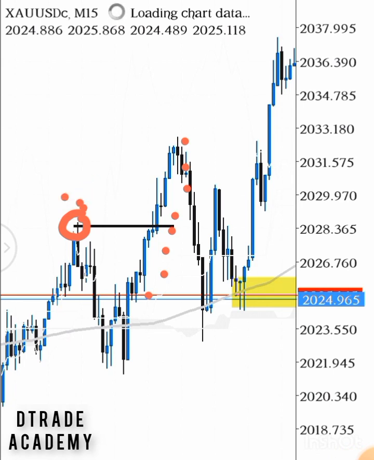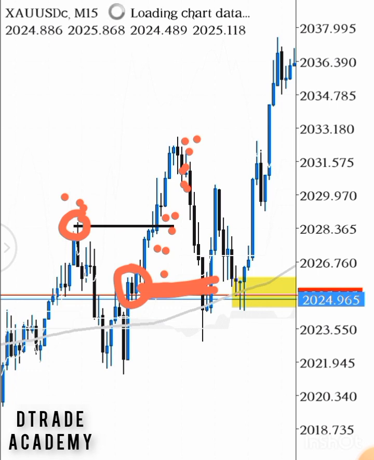Now, where is the initial start of that long momentum candle? Where is the last candle that started that move? The opposite candle that started this long move. This is it. So that means when price returns, they will likely use this area of that opposite candle as an inducement to deceive people that this market is selling.